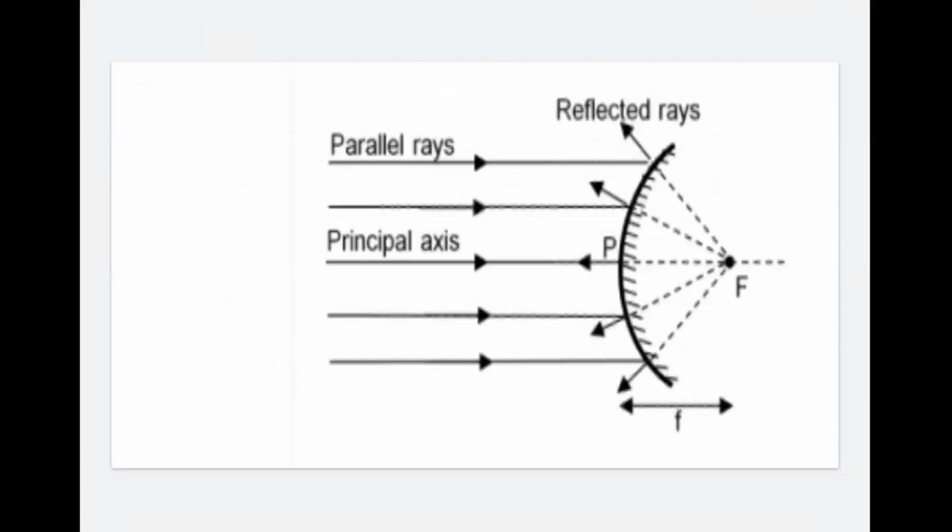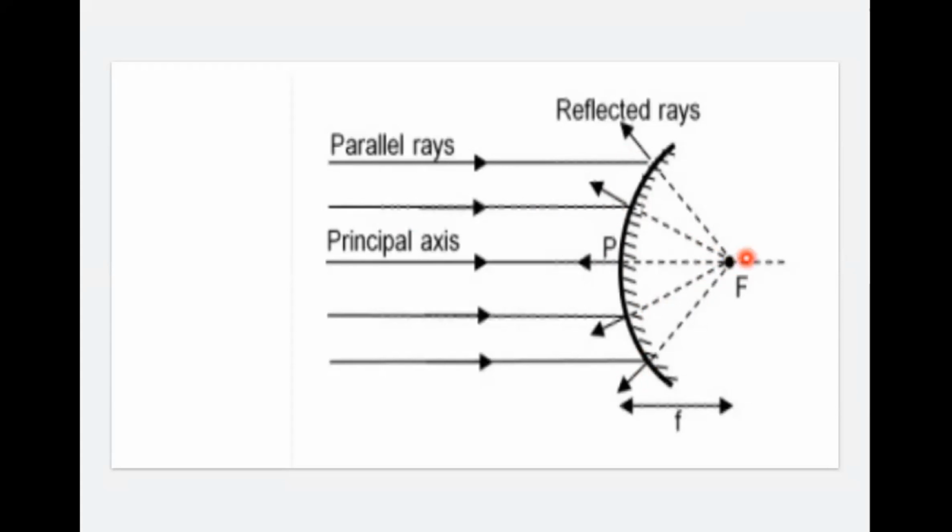On the other hand, when we speak about the convex mirror, the incident rays are parallel on the reflecting or shiny surface of the convex mirror. Now, if you produce these incident rays backward, they appear to be focusing at one single point, and that point is called the focus of the convex mirror.